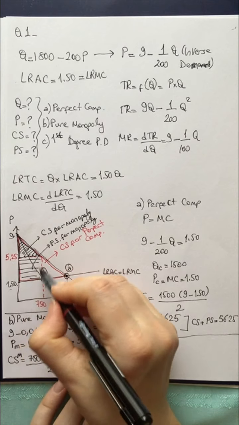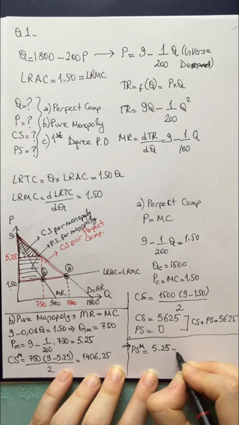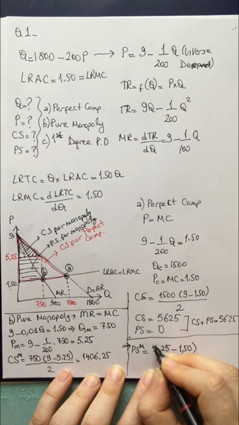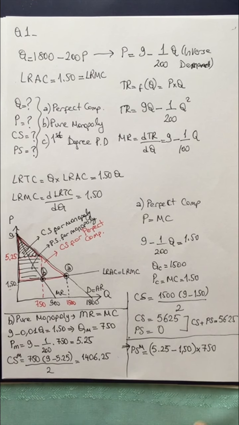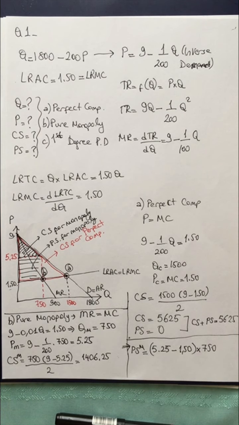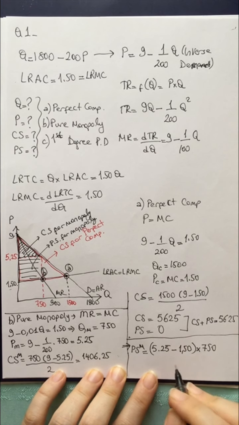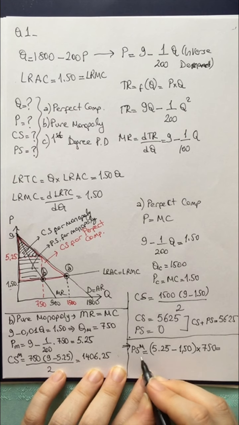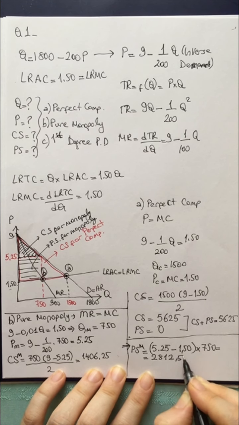It is this rectangular area, which is 5.25 minus 1.50 times 750, which is 2812.5.